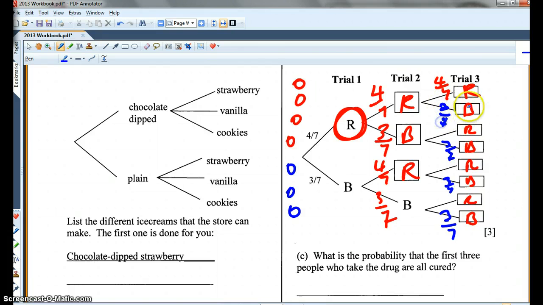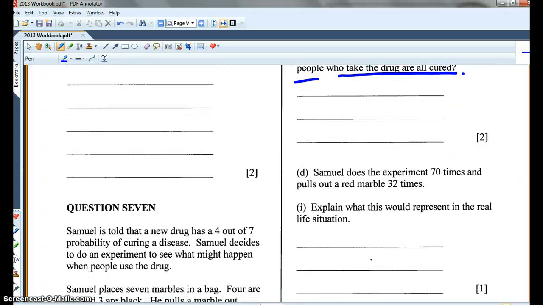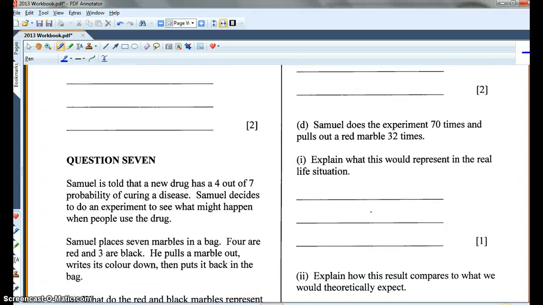What is the probability that the first 3 people who take the drug are cured? So 4 were red and 3 were black, and the new drug has 4 out of 7 probability of curing.